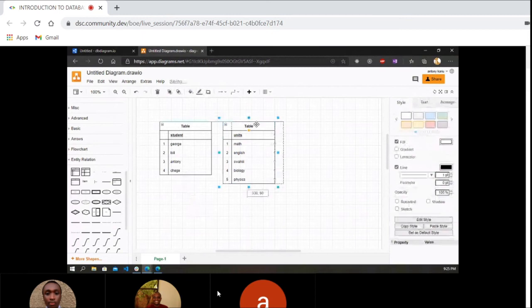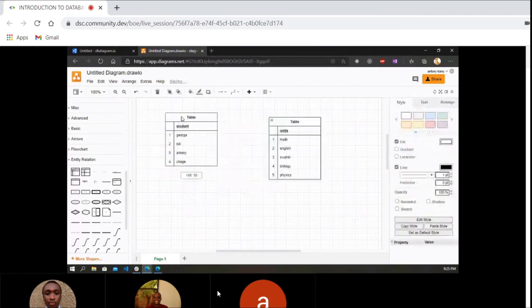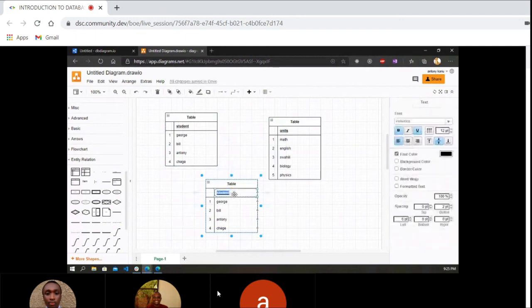So now let's create another table down there, preferably. The student unit. Okay, it's called student unit. So the third table is called student units.